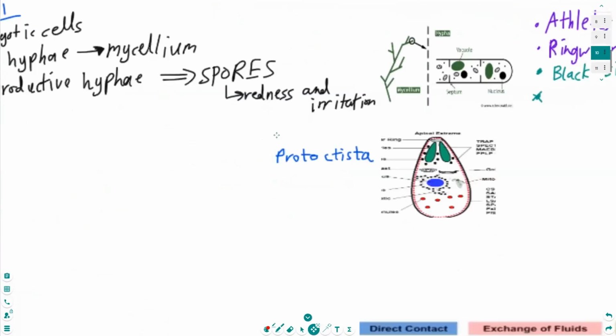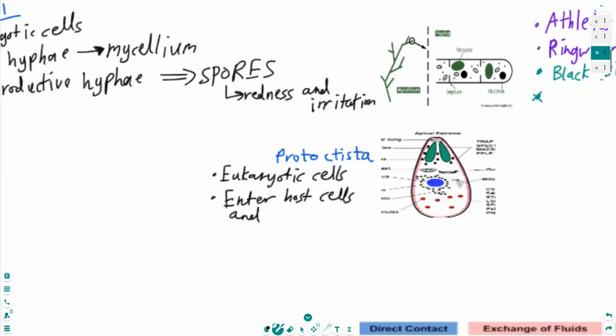And the last thing is on protoctista or protists. These are also eukaryotic cells, and these act as malarial parasites. They enter host cells and feed on contents.